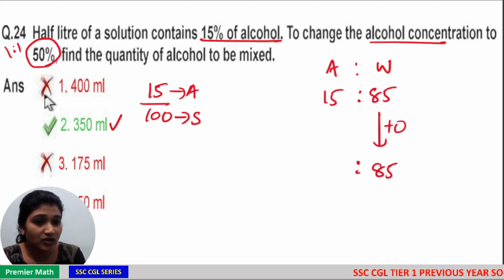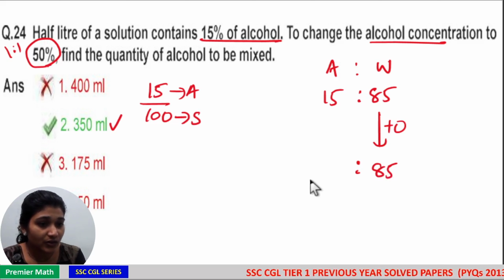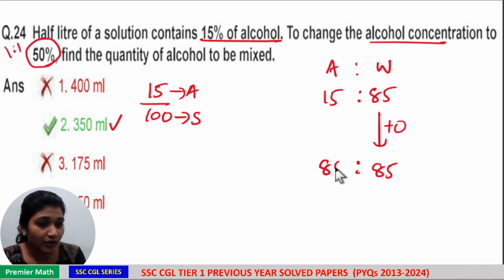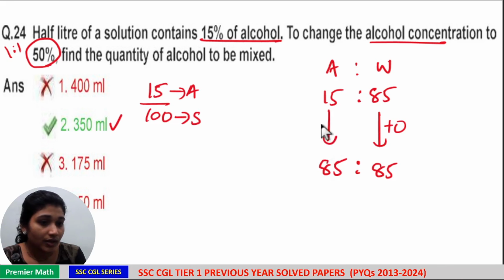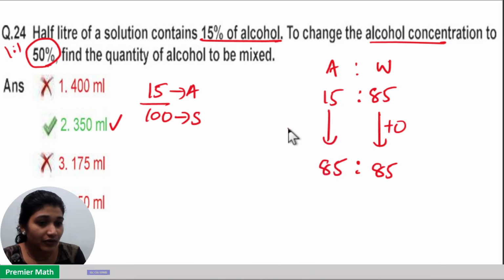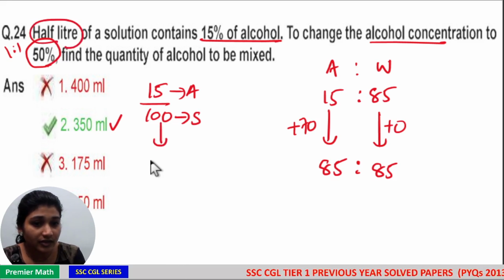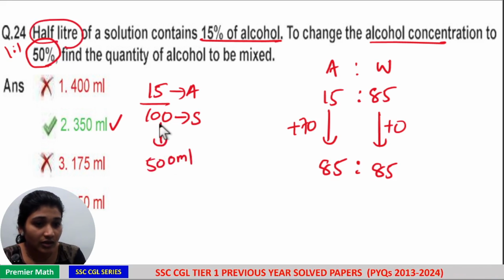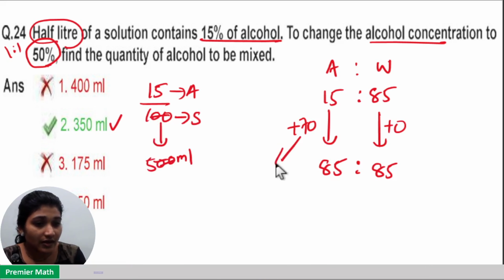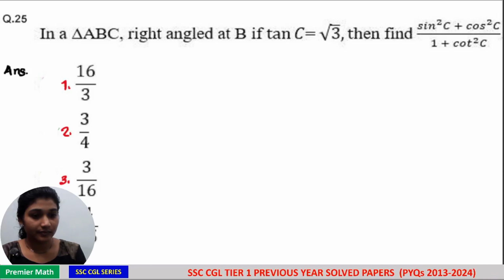Then to get 1 is to 1 ratio, that is 50% alcoholic solution, alcohol part should be 85 itself. Now here the difference between 85 and 15 is equal to 70 part. That is, we should add 70 part to this 15. Now here this 100 part is the same as half liter, that is 500 ml solution. Now 0 cancel. 1 part is equal to 5. 1 part is 5 means we have to add 70 parts. So 70 into 5 is equal to 350 ml. Option 2 is your answer.